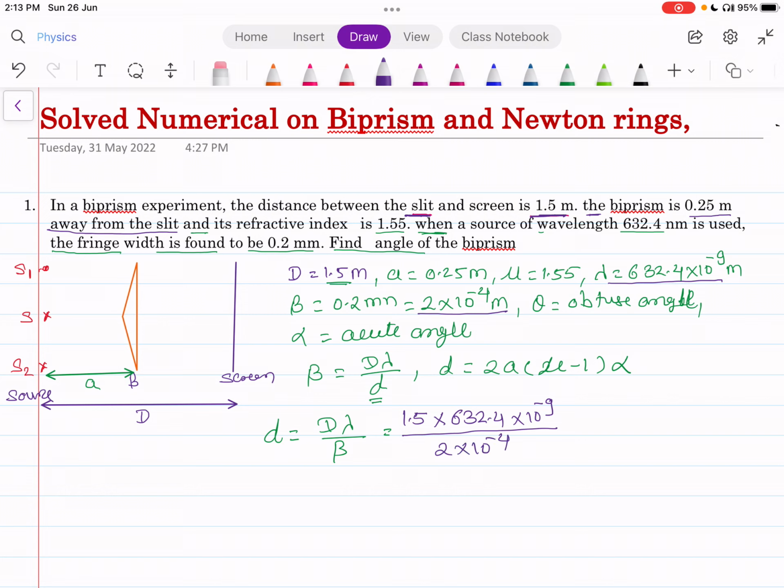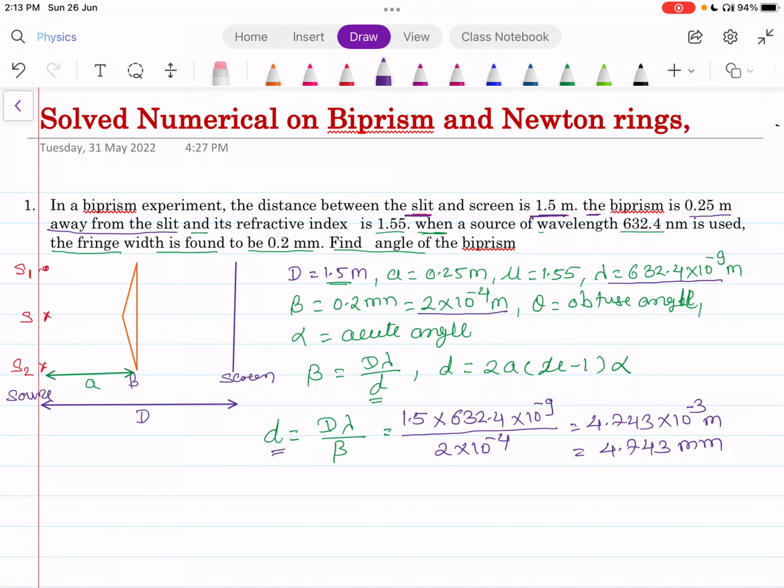All the constants here are in the MKS system. After solving this, we get 4.743 into 10 raised to minus 3 meter, or you can say it is equal to 4.743 millimeter.